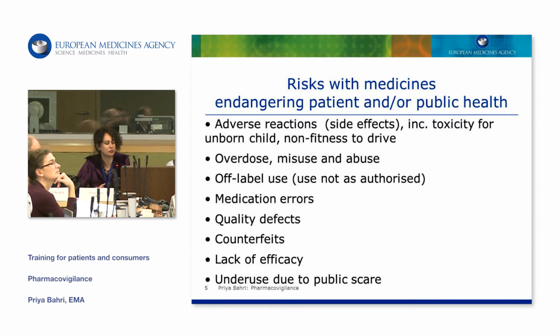I forgot to mention that there is more to the use than the use of the patient. There's also the off-label use. We had already a discussion today about the use in children. Very often that is not included in the package leaflet, at least for old medicines, and that is also part of off-label use.